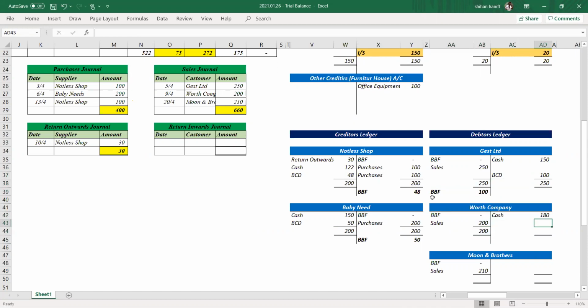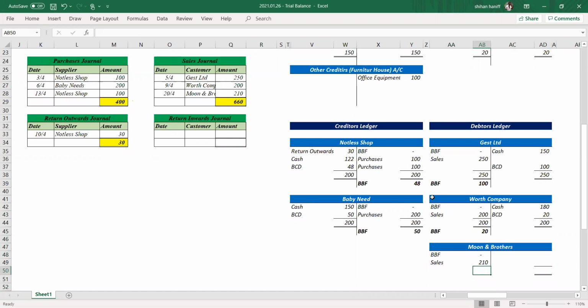Work Company balance is 20. Moon and Brothers, there is no transaction other than the sales.